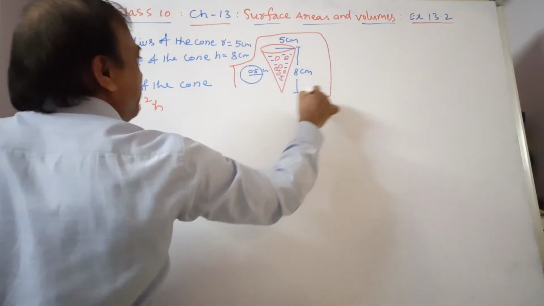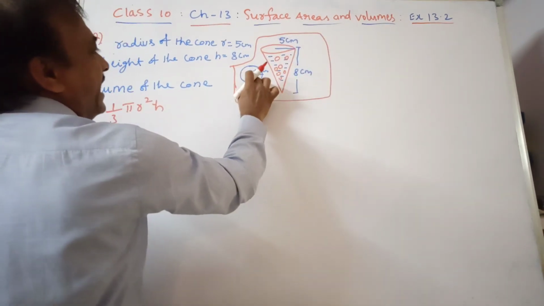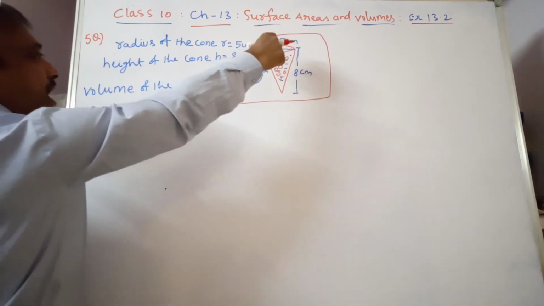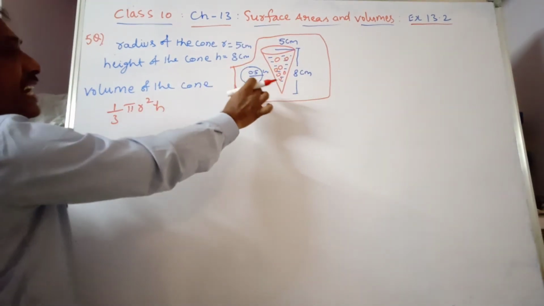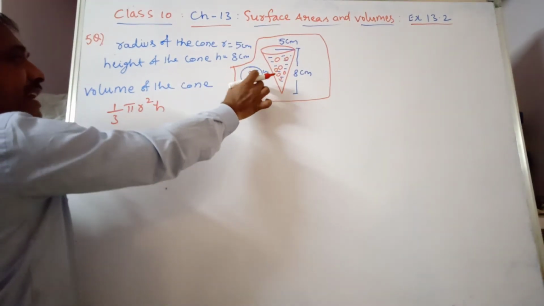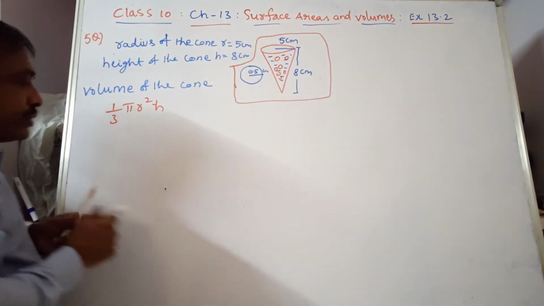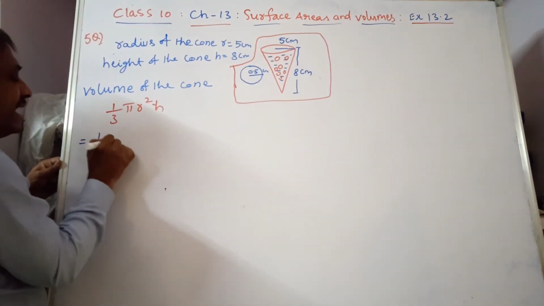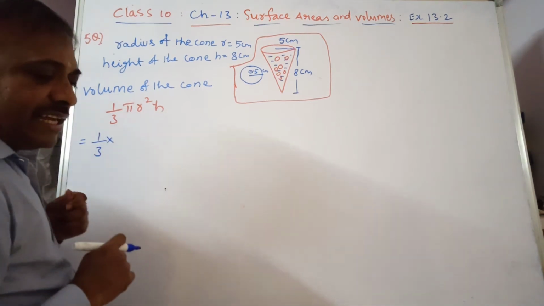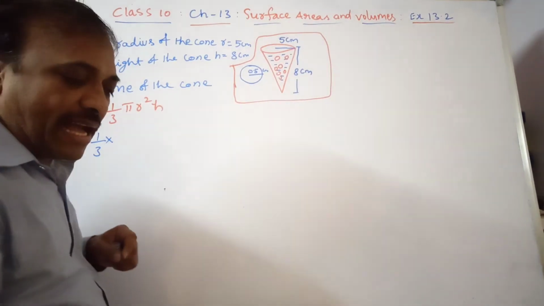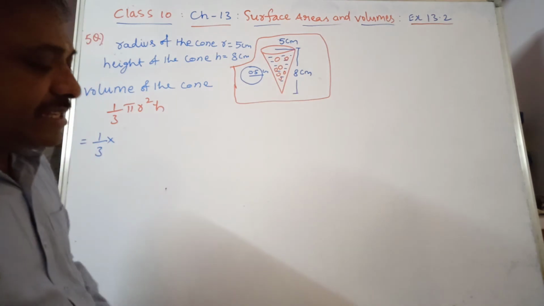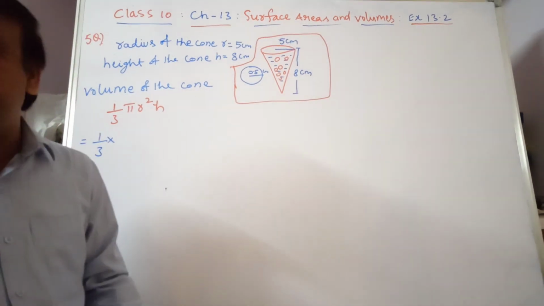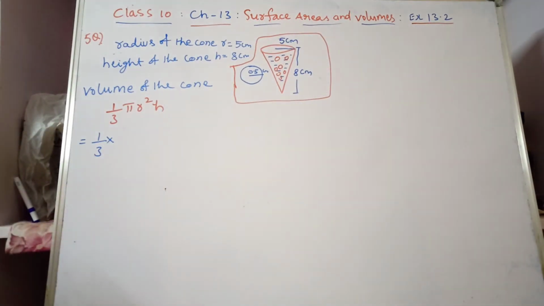This is the spherical radius and this is the cone. To identify clearly, I drew a diagram beside. So 1 by 3 pi r square h equals 1 by 3 into, he did not mention anything, so we can use pi as 22 by 7 only. Did he mention it in the question? No, he did not mention anything in the question.